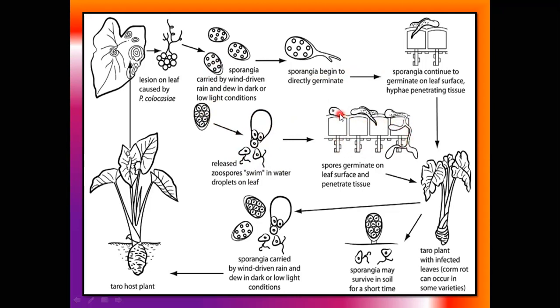These zoospores germinate under favorable conditions and produce germ tubes, and the germ tubes grow intercellularly within these plant cells. So these plant cells become infected and small reddish or brownish spots are seen on this healthy leaf of the Colocasia. Already spores are produced.